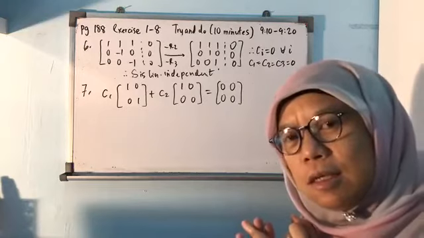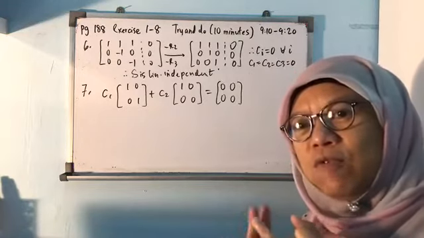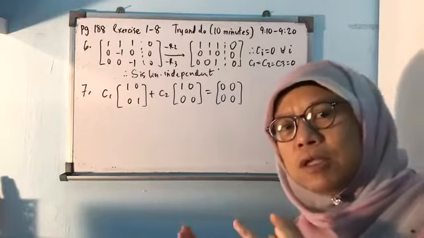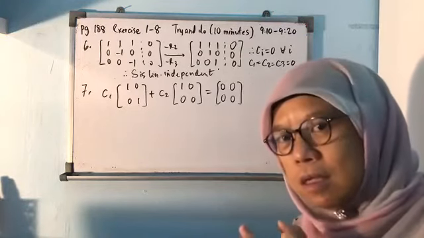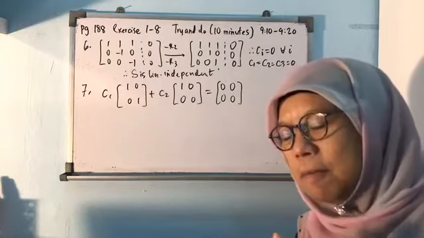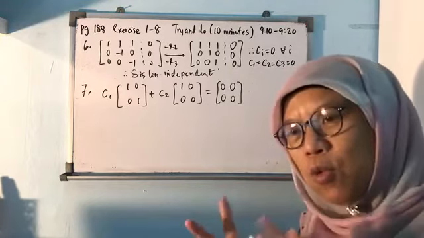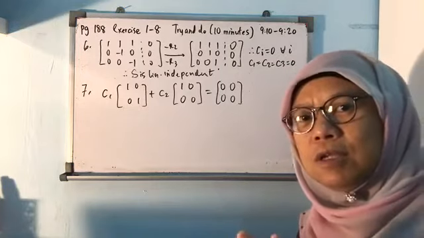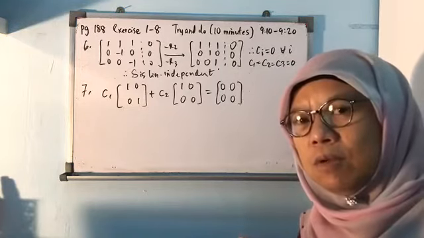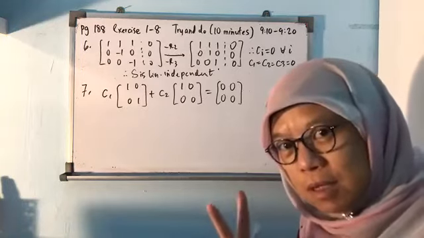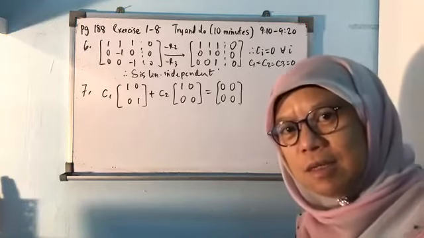Second trick is if there is one vector which is a multiple of the other one or a linear combination of the others, linearly dependent. Third trick is if you have only 2 and one is a multiple of the other one, dependent. If there's only 2, they are not multiples, linearly independent.